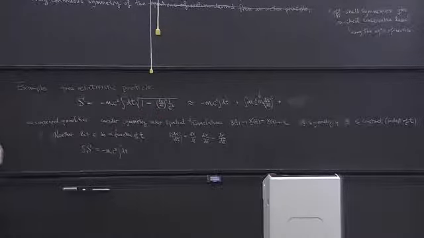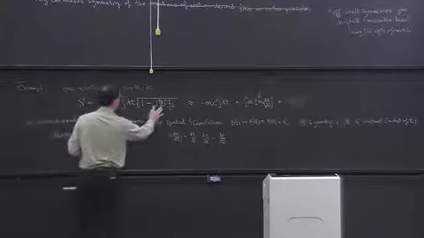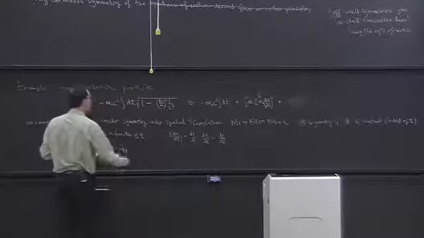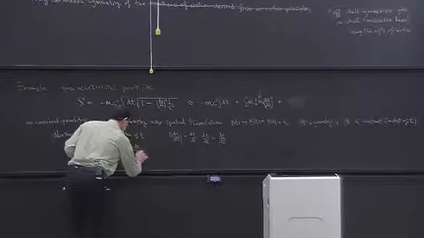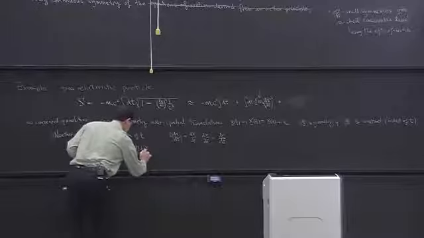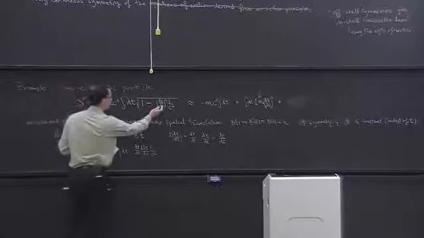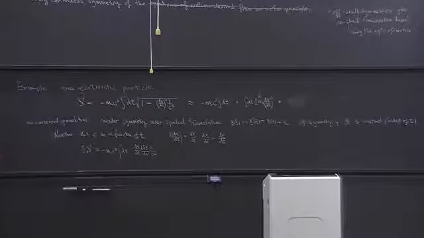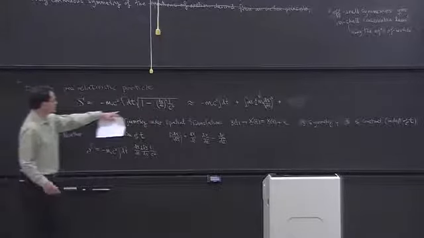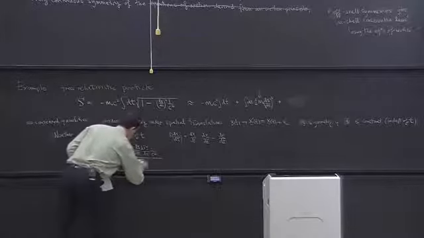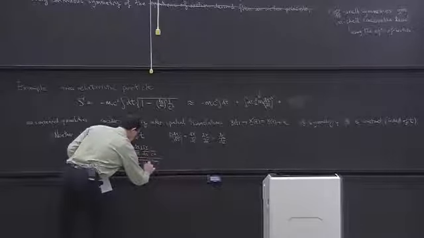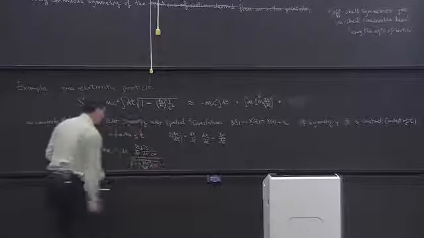Okay, so now we use the chain rule. I'm going to get in the numerator dx/dt times d delta x/dt over c squared. I'll get a factor of 2 because it's dx/dt squared, but I've also got a factor of 1/2 from the square root. So I'm going to divide by the square root of 1 minus dx/dt squared over c squared.